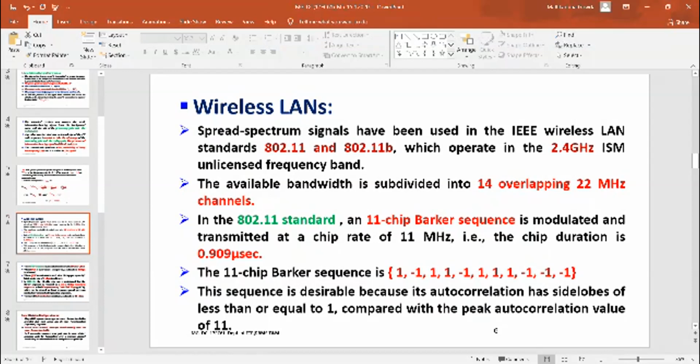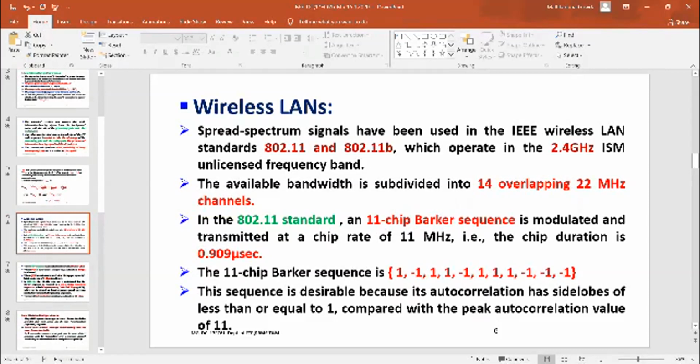There are a variety of standards, but direct sequence spread spectrum signals are used in IEEE 802.11 and IEEE 802.11b.